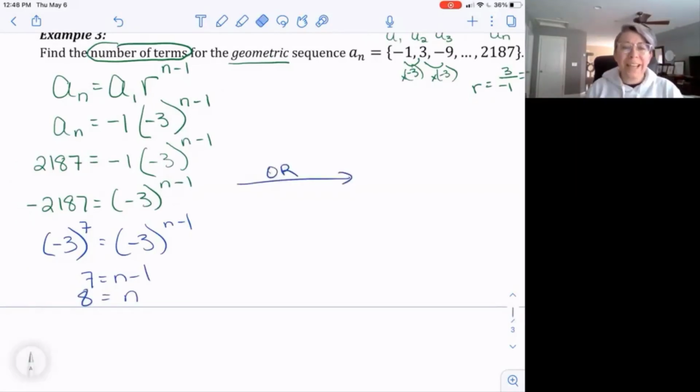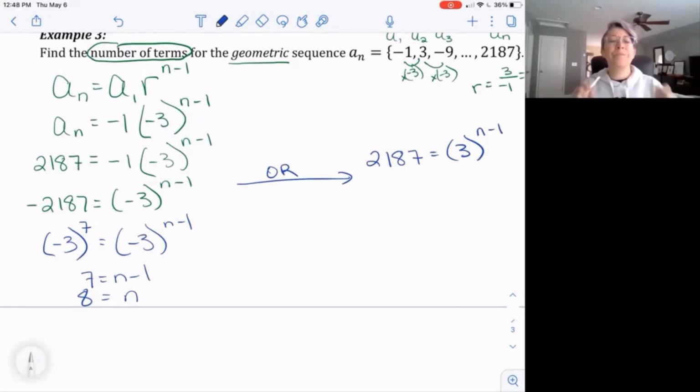If you're going to work it as a logarithm, however, we cannot use 2187 and -3, okay? We would have to use just the positive versions of both of those numbers. And I know that seems like, how can you do that? You can't divide by that negative because you got n minus 1. Don't think of it as us dividing by any negatives or negative ones or anything like that.